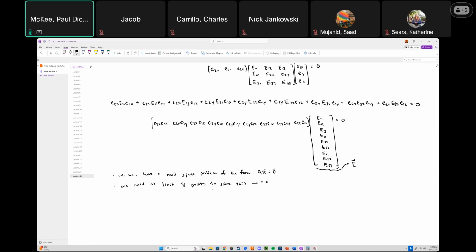So that's where we get the name 8-point algorithm. Very cleverly named. I recommend using every point you have, or every matching point pair you have after RANSAC.